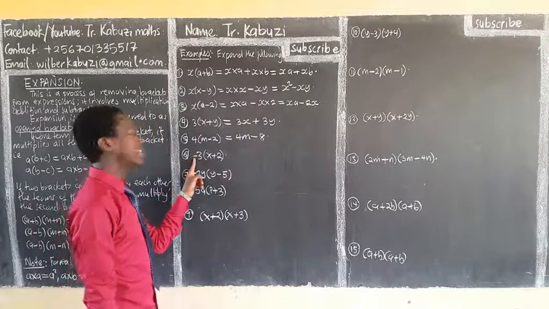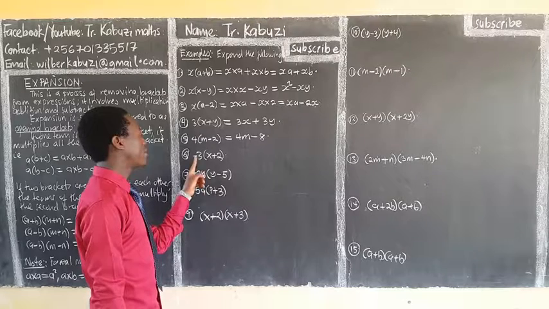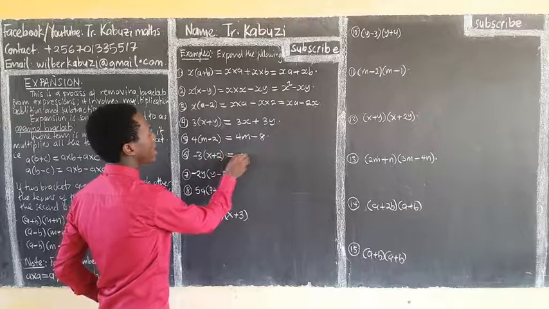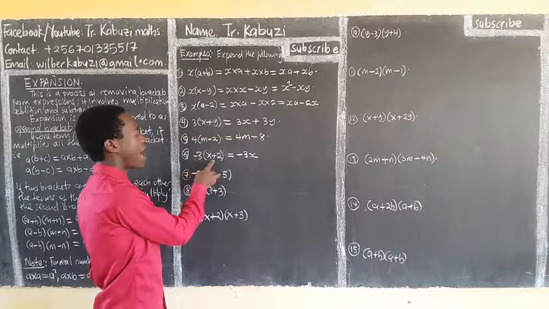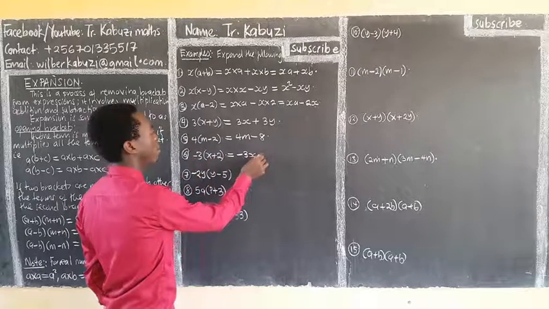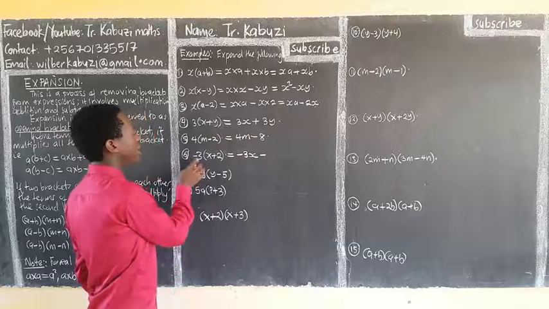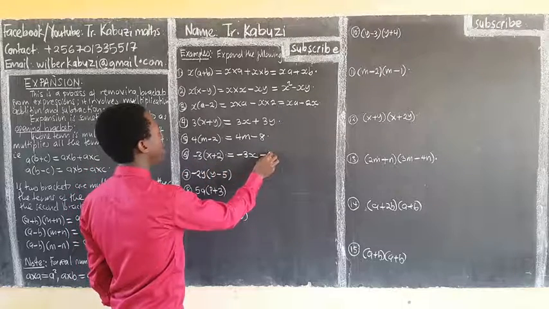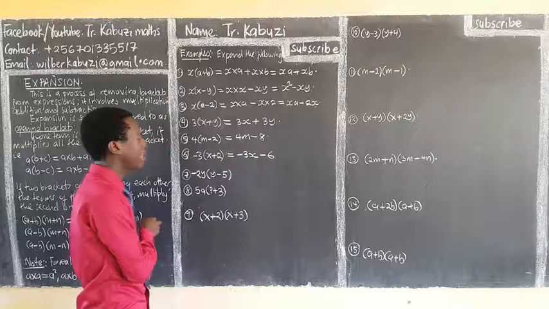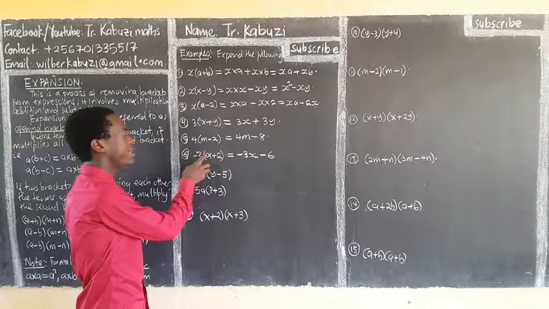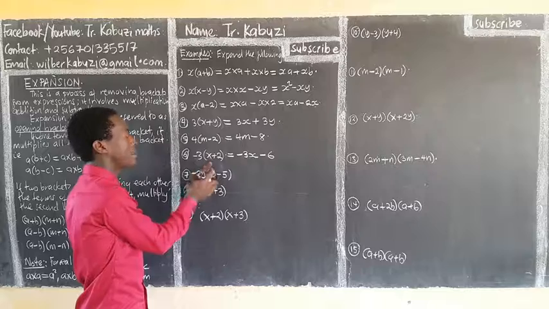Now what is multiplying is negative. So negative 3 times x, we get negative 3x. Then negative times positive, we get negative. 3 times 2, we get 6. Now this negative affects all the signs in the bracket. That's why a negative times a positive gives a negative, and a negative times a negative gives a positive.